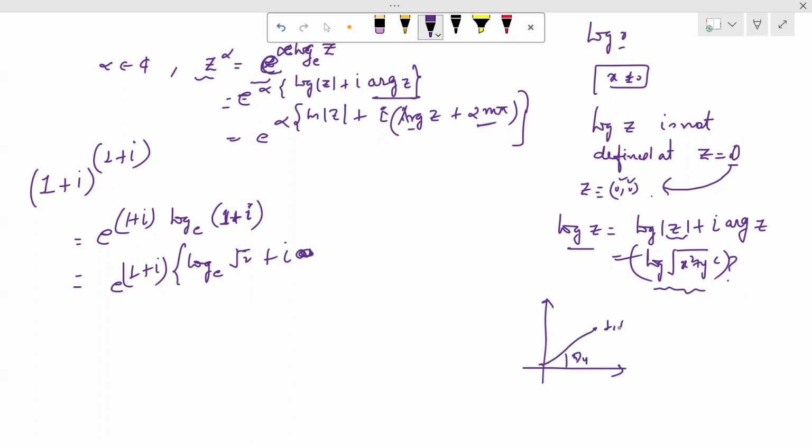Remember, (1, 1) will lie in the first quadrant. I told you that in the first quadrant, the principal argument is simply given by tan inverse y by x.